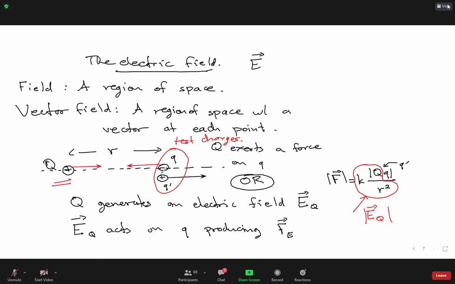How would I know that there's an electric field at this point? Well, I can go to the back room, the supply room, grab a handful of charge and put it over here at this point. Is there going to be a force acting on it? If so, then I know that I have an electric field because electric fields act on charges, right? That's how I would detect an electric field.